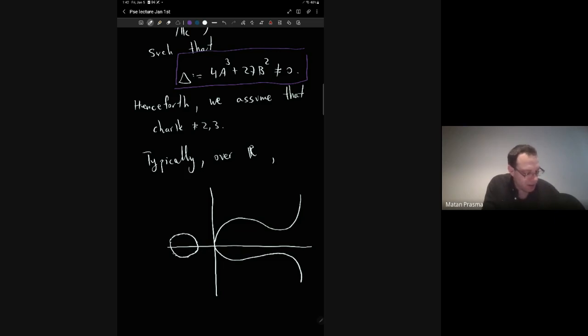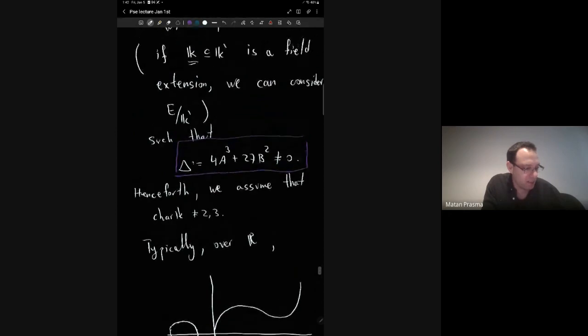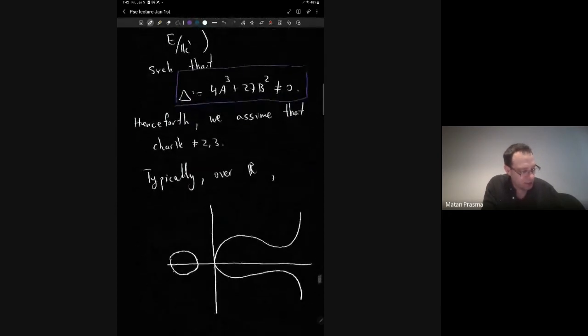You can see algebraically that the equation y squared equals x cubed plus ax plus b is symmetric along the x-axis.